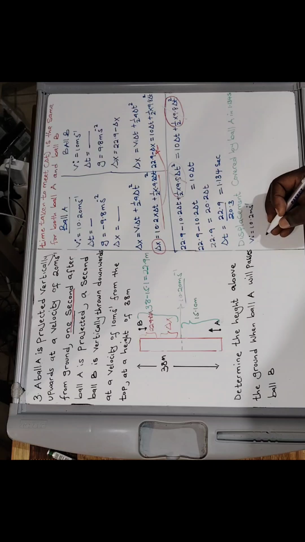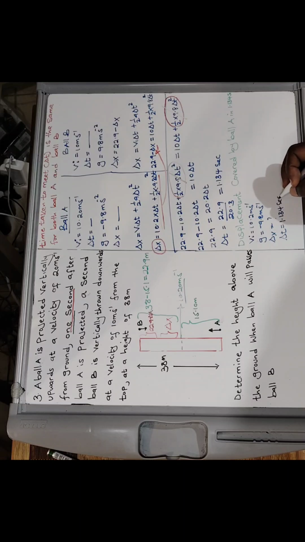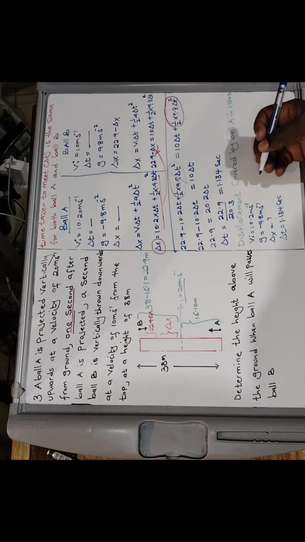We know it's going upwards, so g is negative 9.8 meters per second squared. What else do we know about A? We are looking for its displacement, and what else? We know the time. The time is 1.134 seconds.